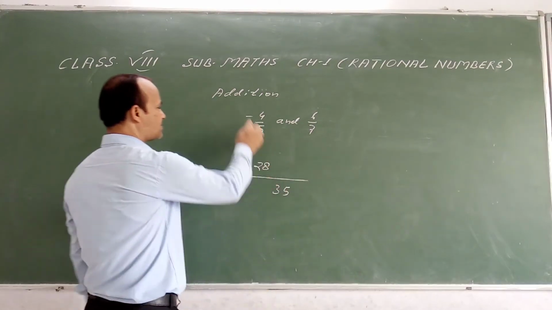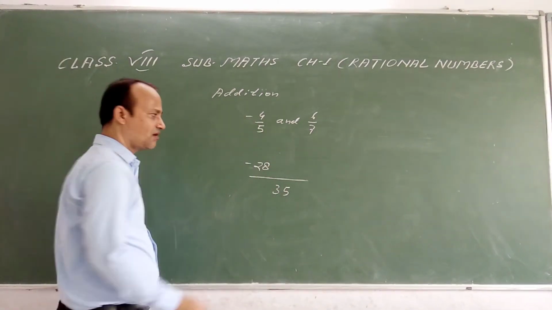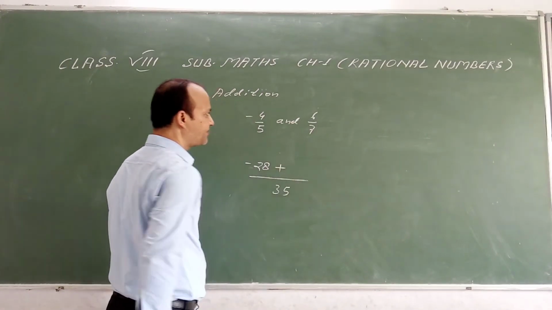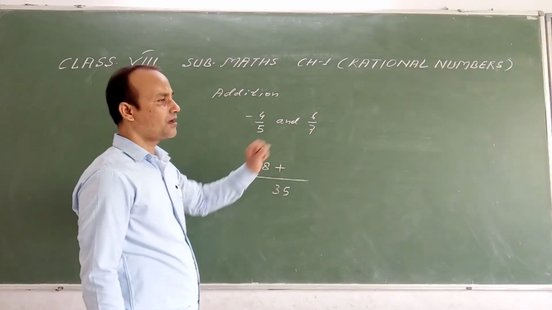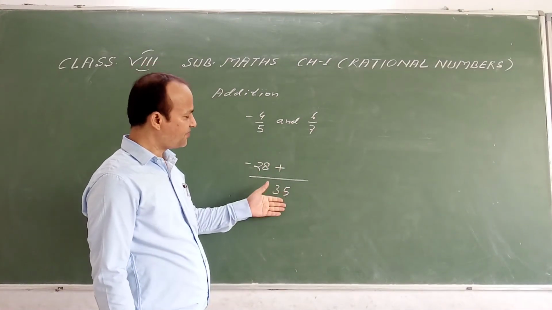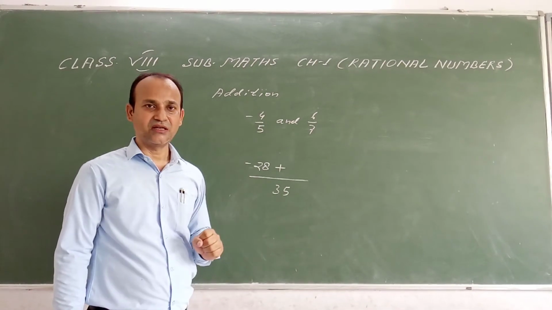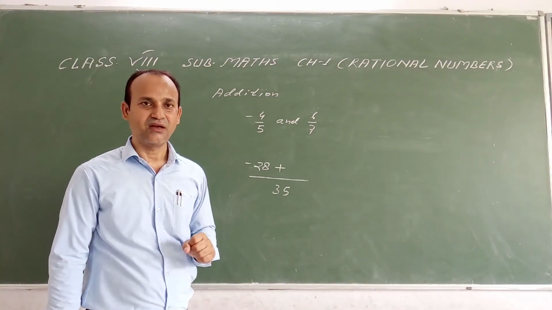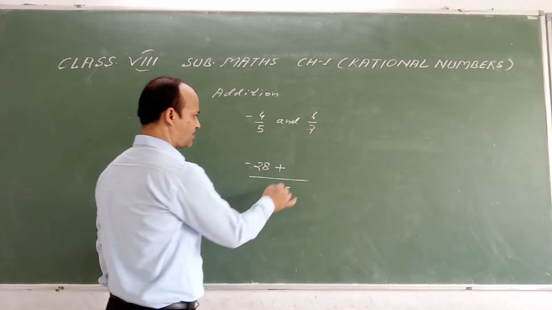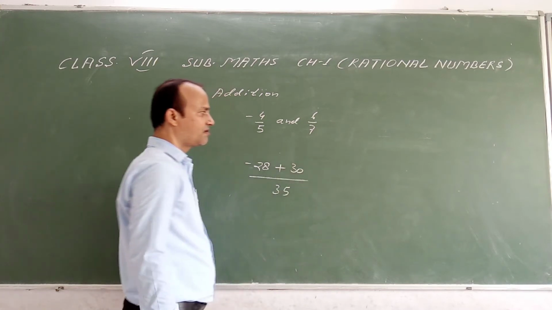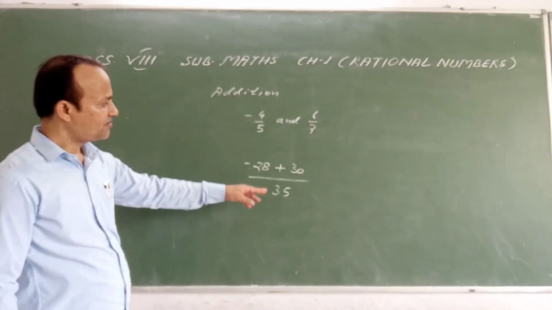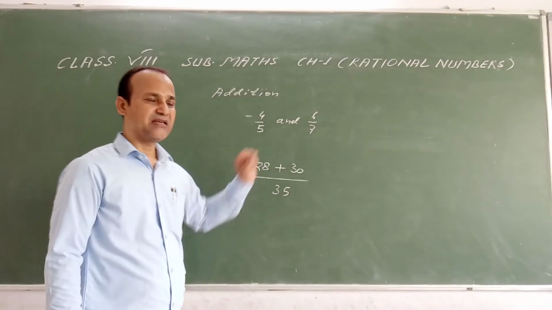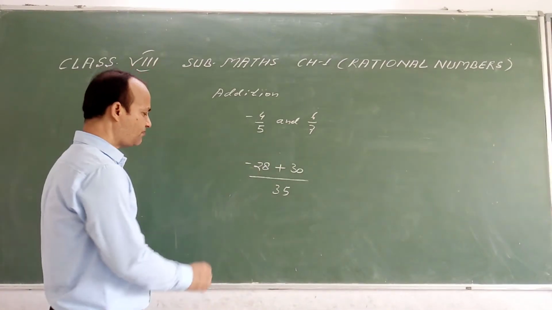And as written over here, it's an addition, put a positive sign, and then 6 upon 7. When 35 divided by 7, it will give 5. 7 5s are 35 and 5 6s are 30.